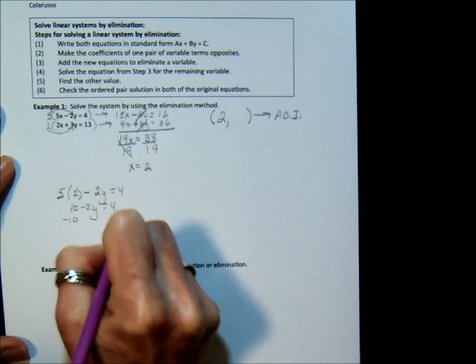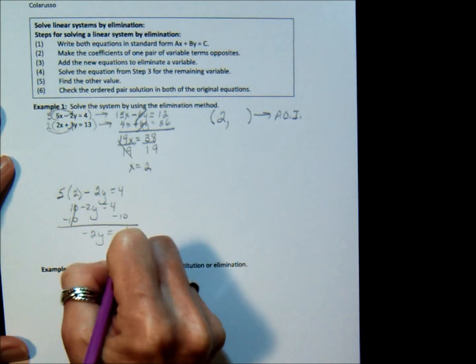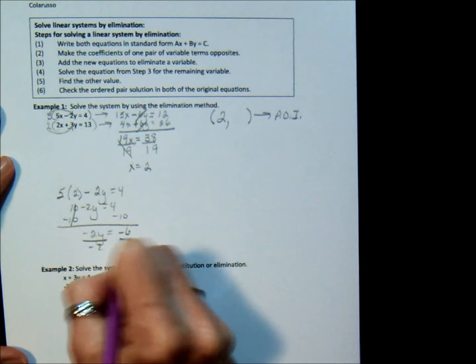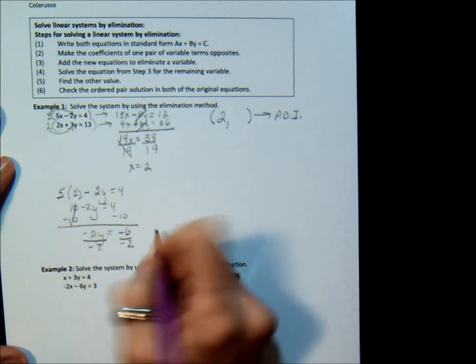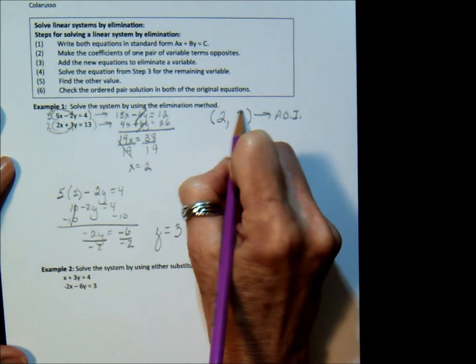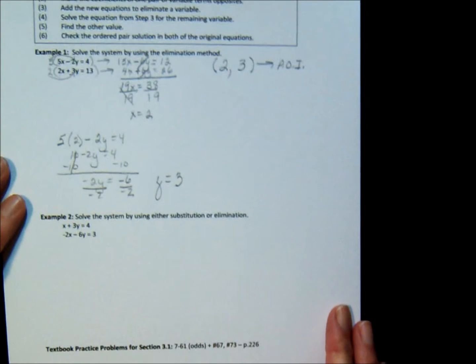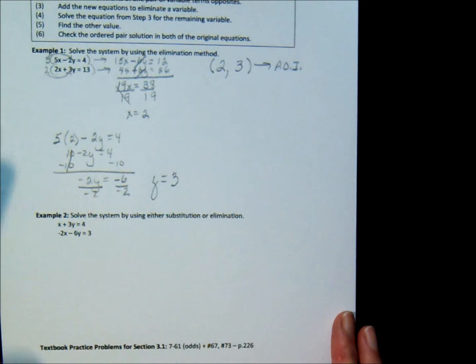Subtract 10 from both sides, and I get negative 2y equals negative 6. Divide by negative 2, and we end up with y equals 3. So the y part of my point of intersection is 3. And we did that using the elimination method.